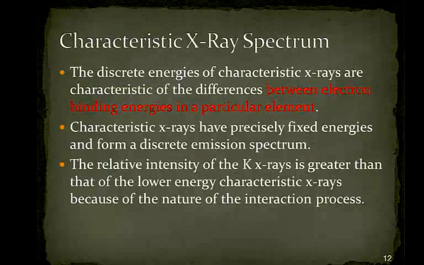The discrete energies of characteristic X-rays are determined by the difference between the electron binding energies in a particular element. Again, the one we are more concerned about is the K shell, which is the closest one to the nucleus. Characteristic X-rays have precisely fixed energies, versus bremsstrahlung, which is all over the place. The relative intensity of the K shell X-rays is greater than that of the lower energy characteristic X-rays because of the nature of the interaction.